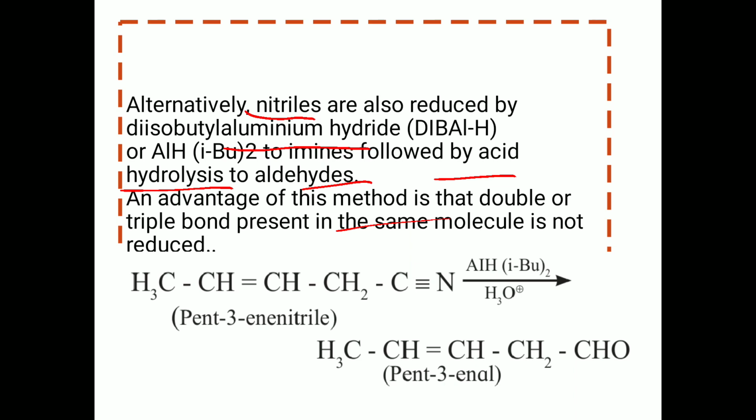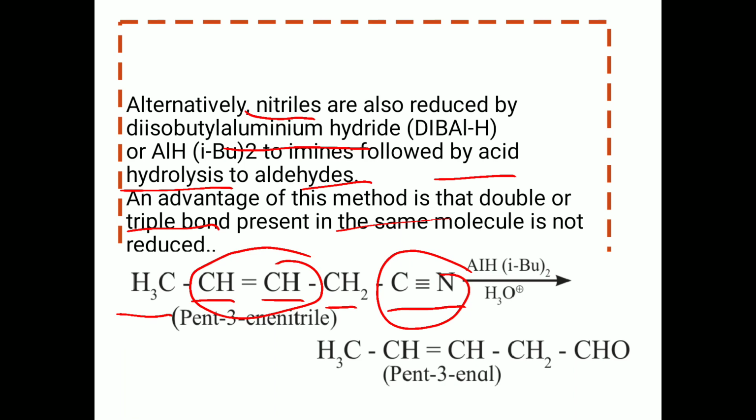The advantage of this method is that a double or triple bond present in the same molecule is not reduced. Especially this method is used for compounds which contain a double bond and a triple bond in the same molecule. This is one such compound, with the formula CH3CH=CH2-C≡N, where we get an alternate double bond and triple bond.